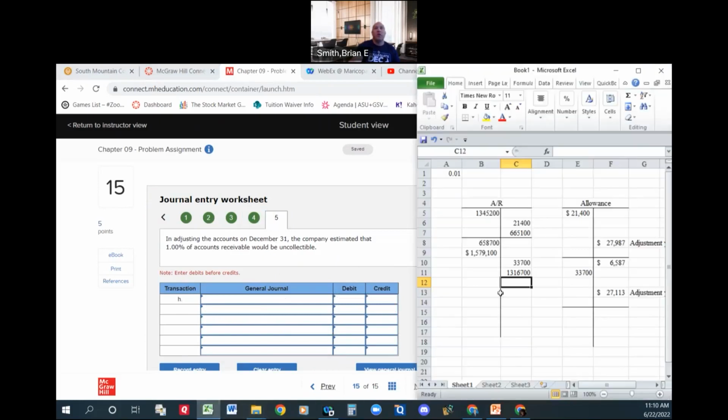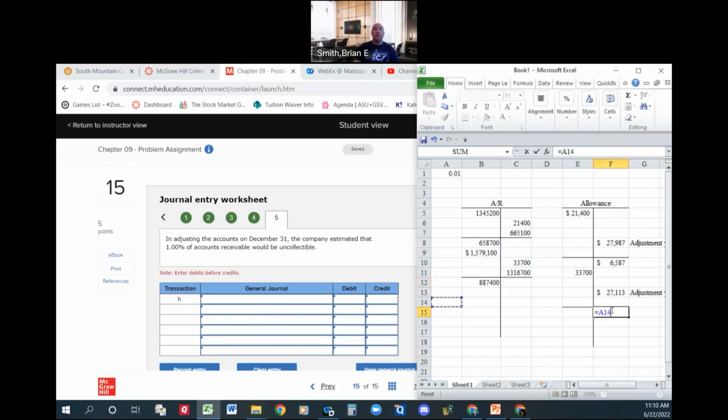So we're going to get another balance here. We're going to sum up both beginning balance plus credit sales, minus our write-offs and collections. So our balance now on our accounts receivable account is $887,400.